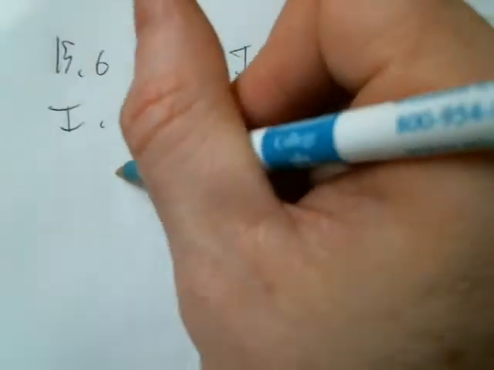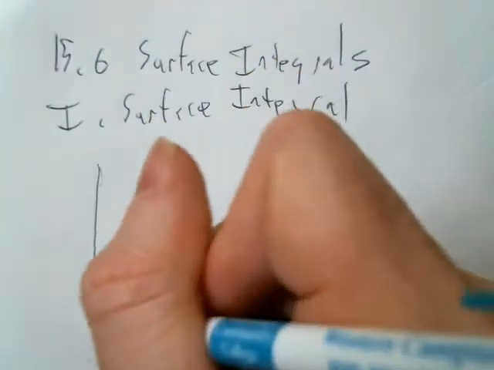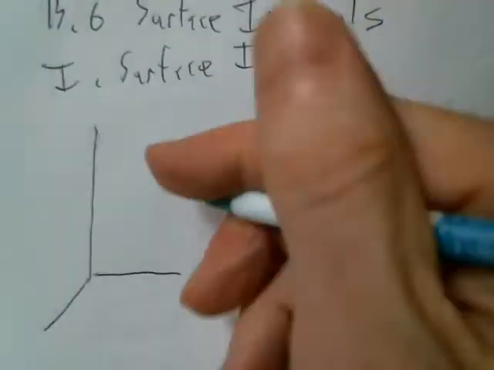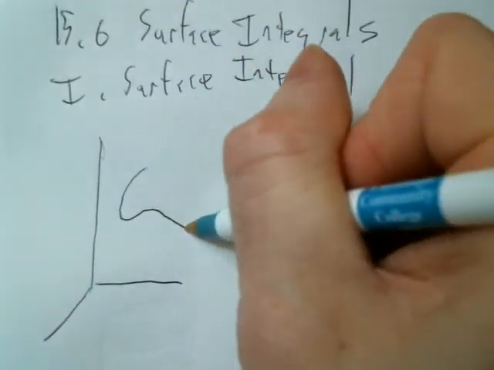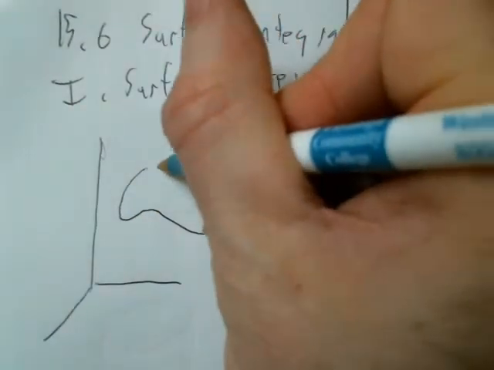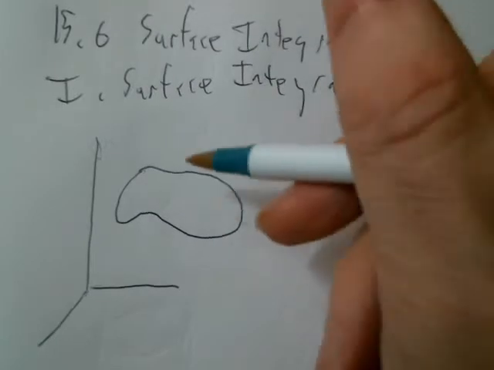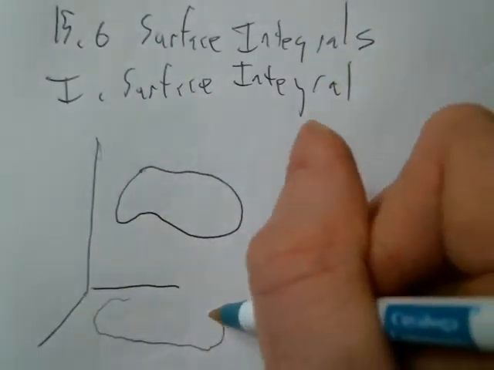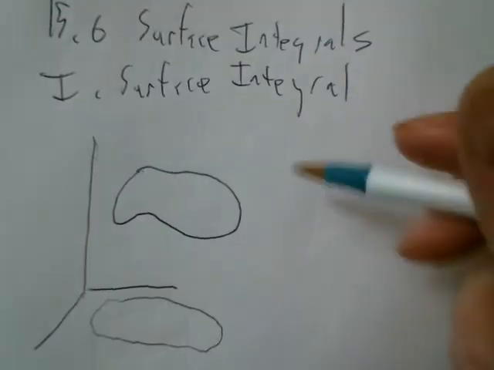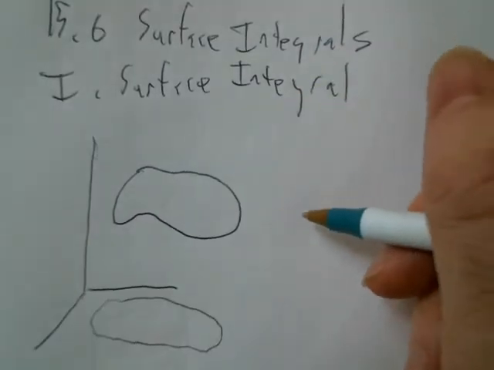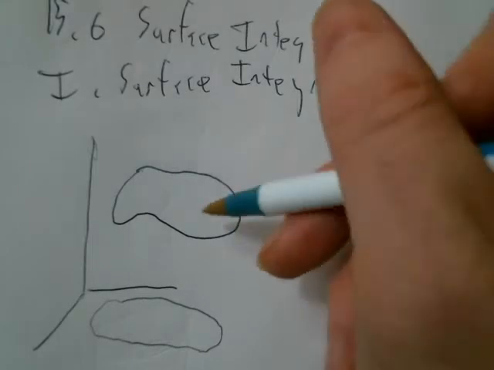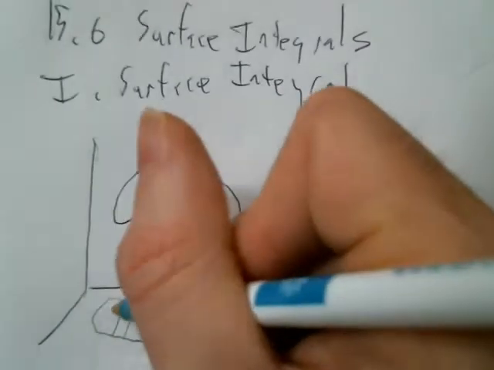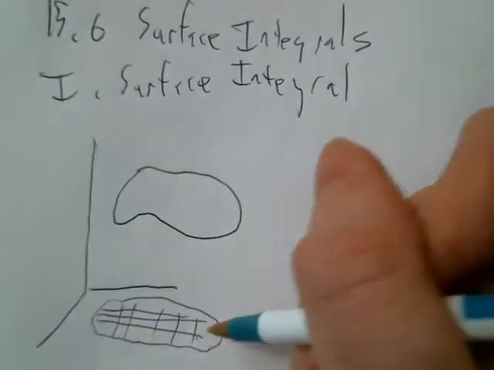So the idea here is you're integrating over a surface. Here's maybe some weird surface that we have in space. And the way we generally do it, if it's given as a function of x and y, we chop this region up into a bunch of little areas.